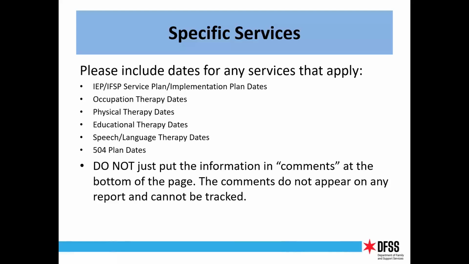We do get asked about that as well. So if that is the case, and you are providing enhanced services for a child, even though they were not determined as eligible for an IEP, please do note that on the file so that, again, we can get a count of children who are receiving services that are not formally IEP services.